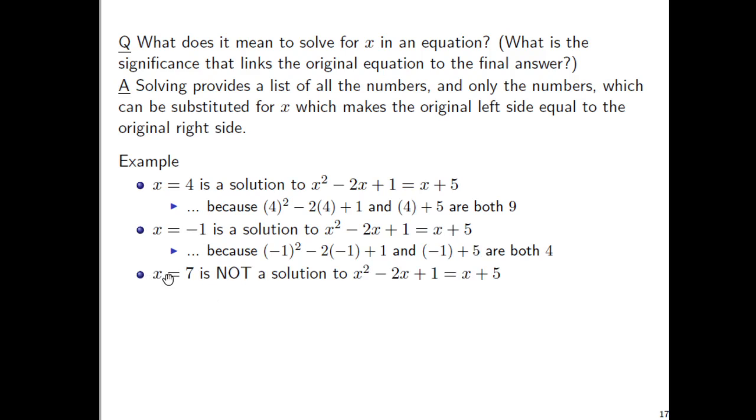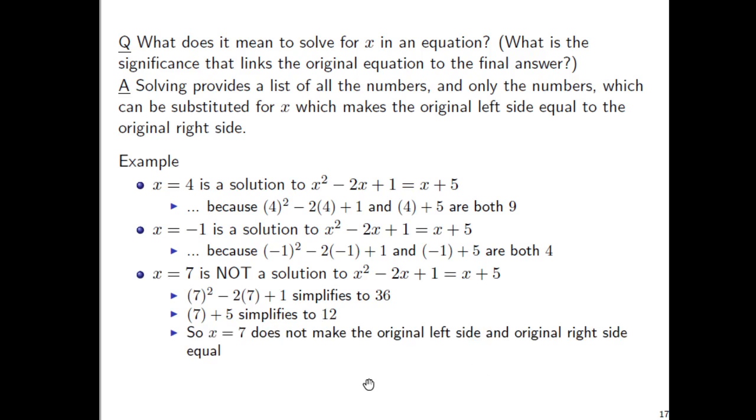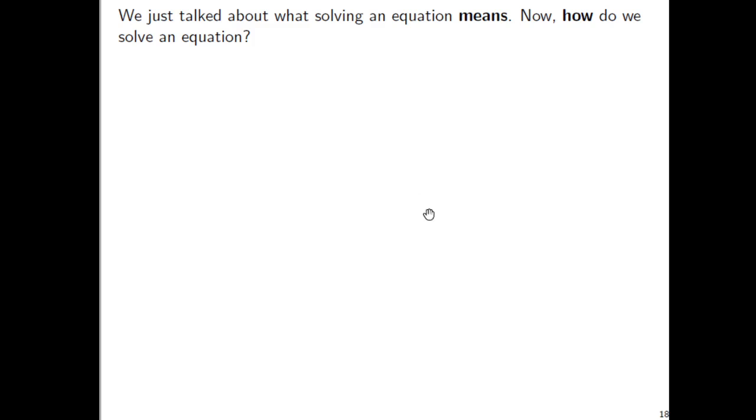However, x equals 7 is not a solution to this equation, because if you replace all of the x's with 7s on the left side, according to the order of operations, this simplifies to 36. And on the right side, 7 plus 5 will simplify to 12. So the left and right side are not equal using x equals 7. So x equals 7 does not make the original left side equal the original right side.